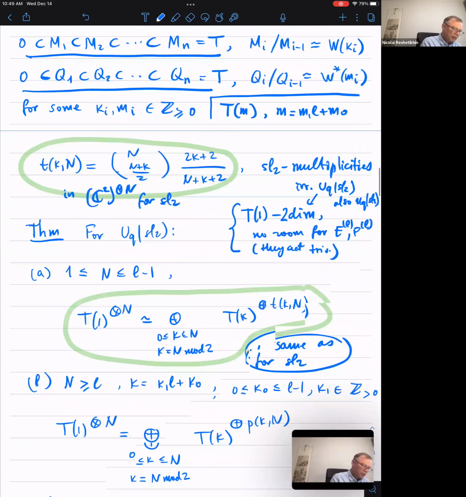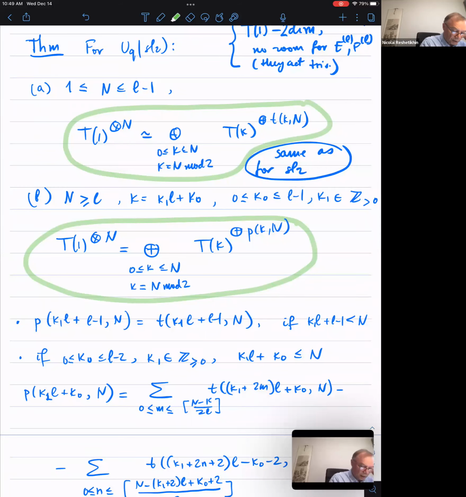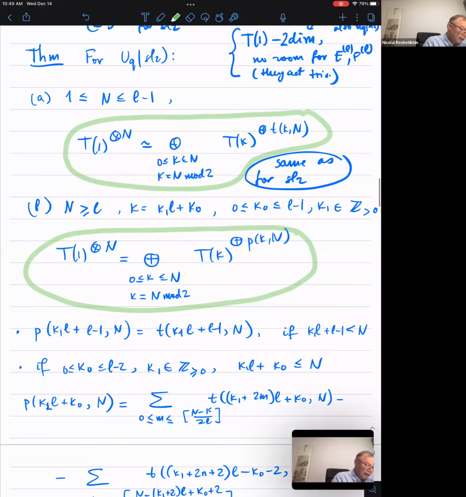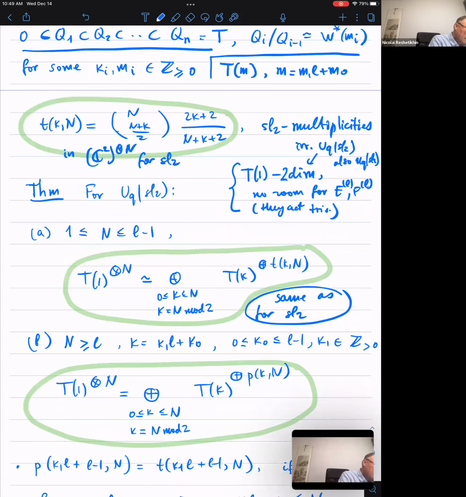So what happens for large tensor products is that T_1 to the power n is isomorphic to a direct sum of tilting modules with some multiplicities. In fact, it's a theorem that I should have mentioned here.